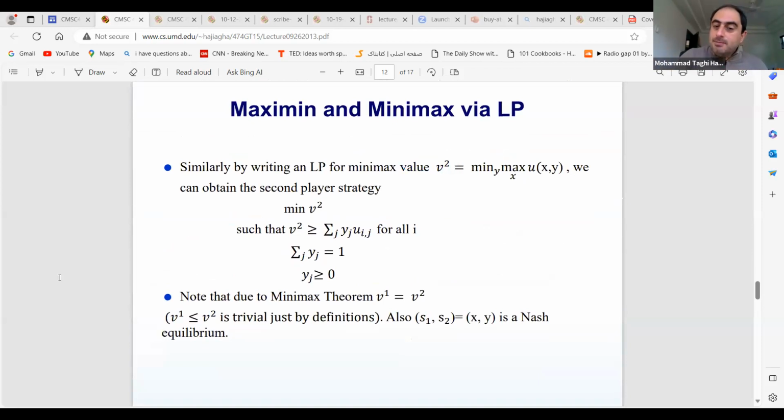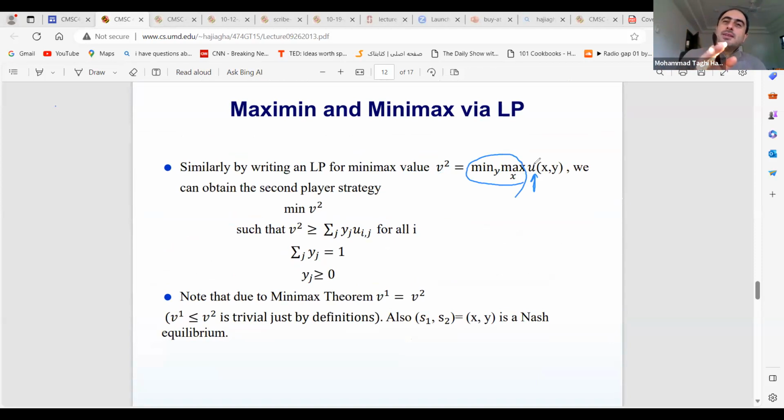Here we have min Y max X essentially. But still the utility is the same. Before also we had u, here we had u, because we are talking for the first agent. So we write essentially max min, min max, and you can write exactly the same equation that we had.